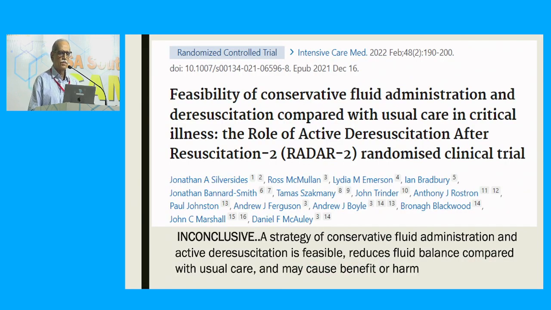There was a randomized controlled trial which was done in about 2021. The results came out in 2022, and they looked at the feasibility of conservative fluid administration and de-resuscitation compared with the usual care in the critical illness setting.